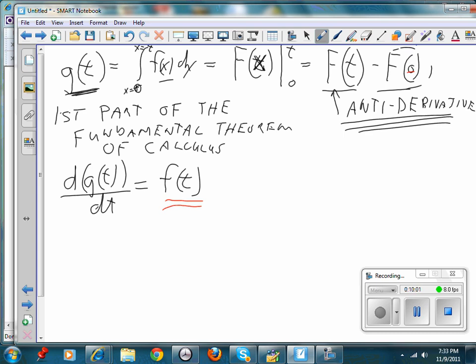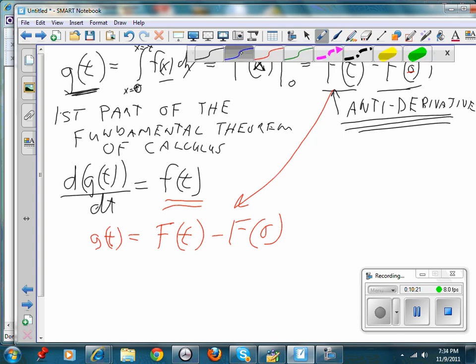That's the fundamental theorem. Now notice, let's write this again. Well, what's g of t equal to? Well, g of t, I said up here, is equal to big cap F of t minus big cap F of 0. Okay, well, let's take the derivative of that. What's the derivative of g of t?